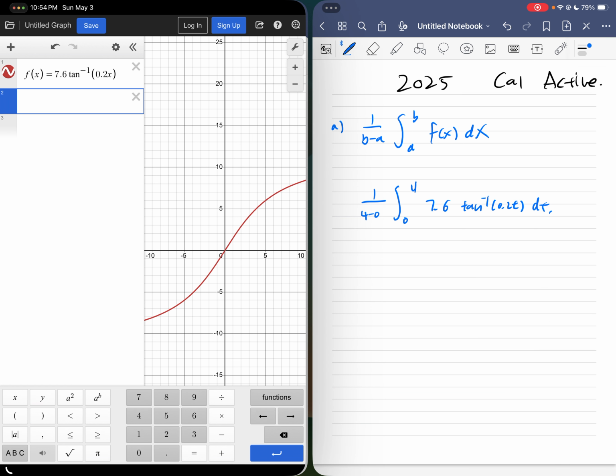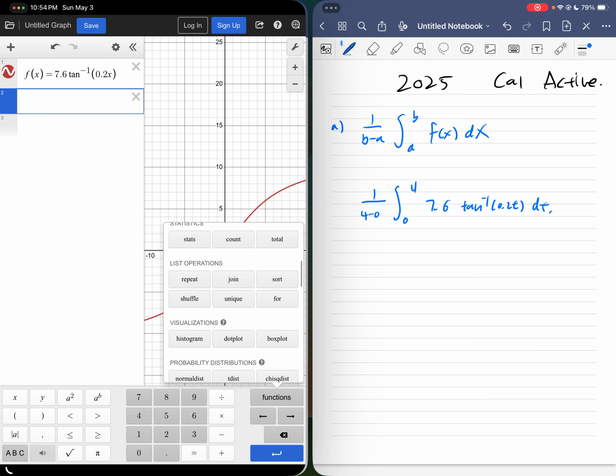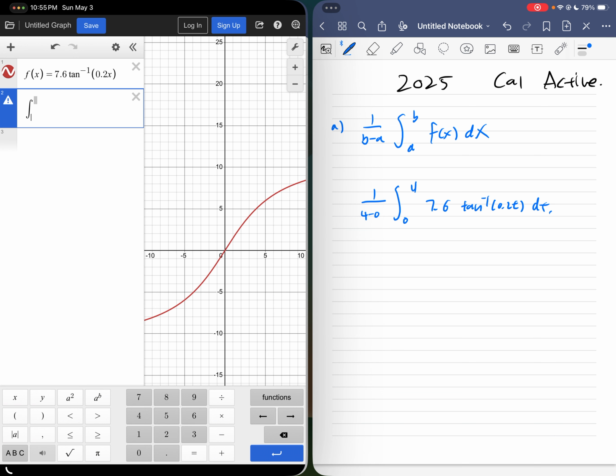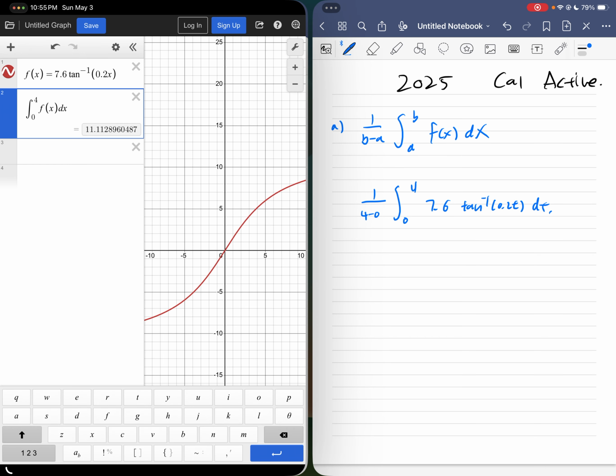So the only thing that I have to do is the function antiderivative from 0 to 4 of f of x dx.